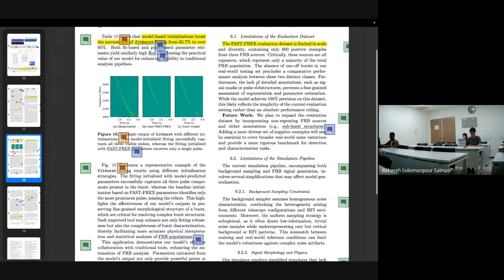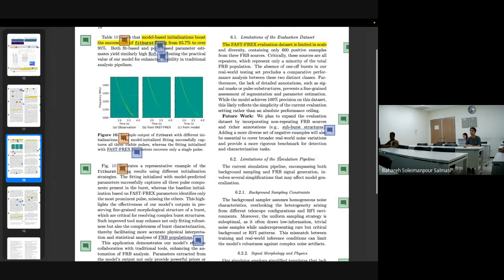There are some limitations for the simulation pipeline. I think it's measured in a real world condition, but it is kind of restricted. They only use the data they observed in one specific place, and also one telescope.